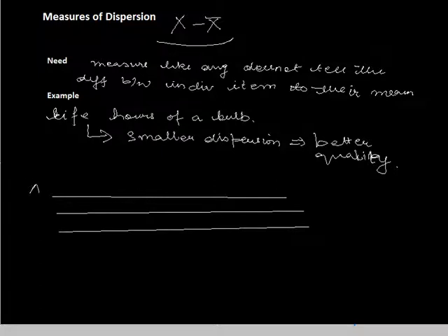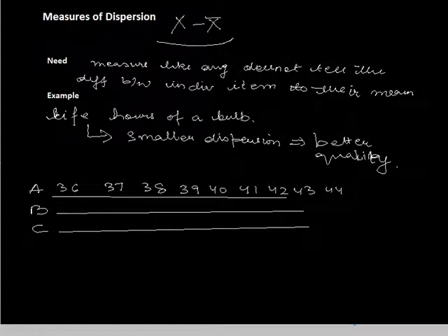Class A has the individual scores of students as follows: 36, 37, 38, 39, 40, 41, 42, 41, 42, 43, 44. And class B has 40, 40, 40 and so on, all 40s. And let's see what happens in class C.